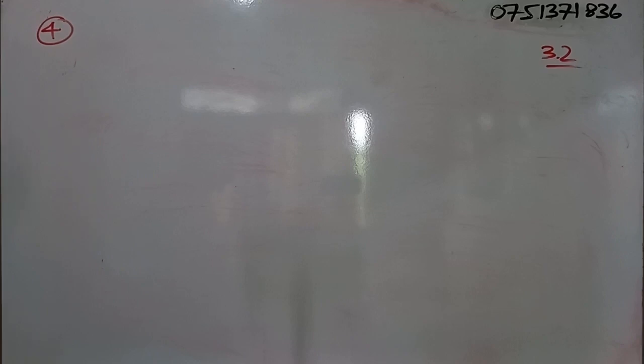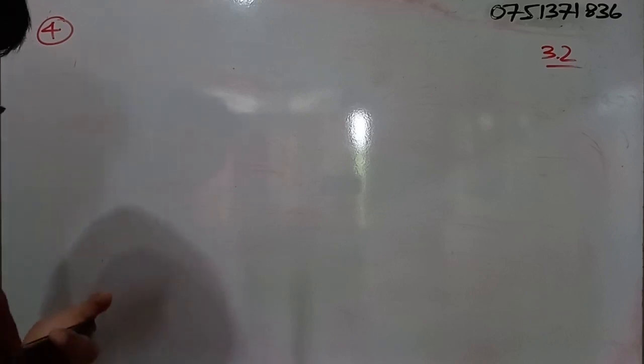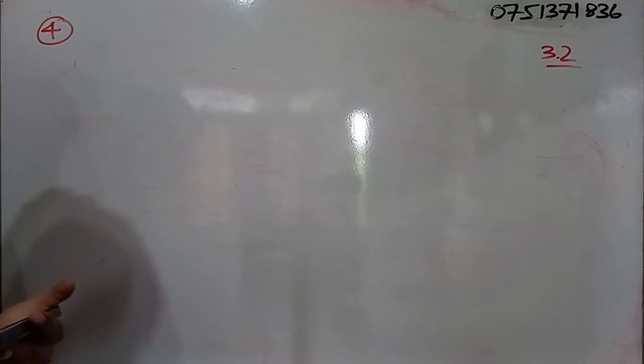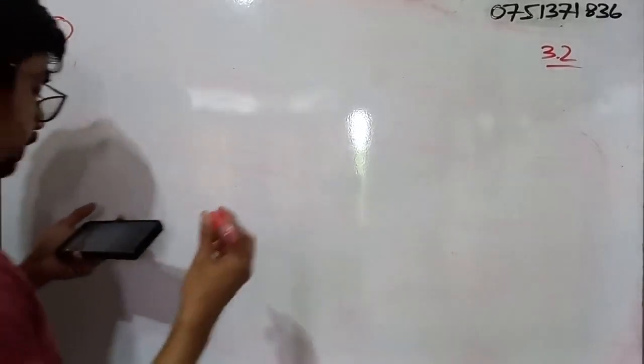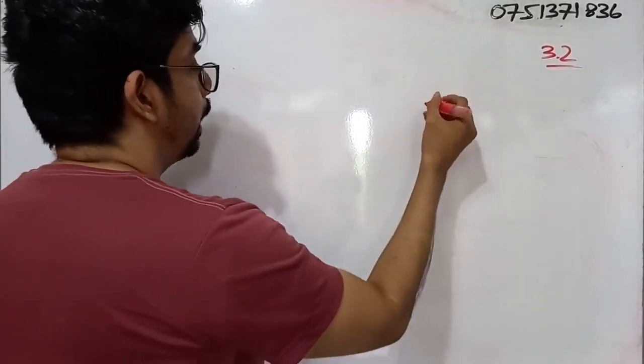Of the amount that Anil spent on a trip, 4 by 7 or 4 sevens was spent on food and 2/3 of the remaining amount on travelling. If 800 rupees was spent on other expenses, find how much Anil spent in total on the trip. Right. So we will jot the figures, right?